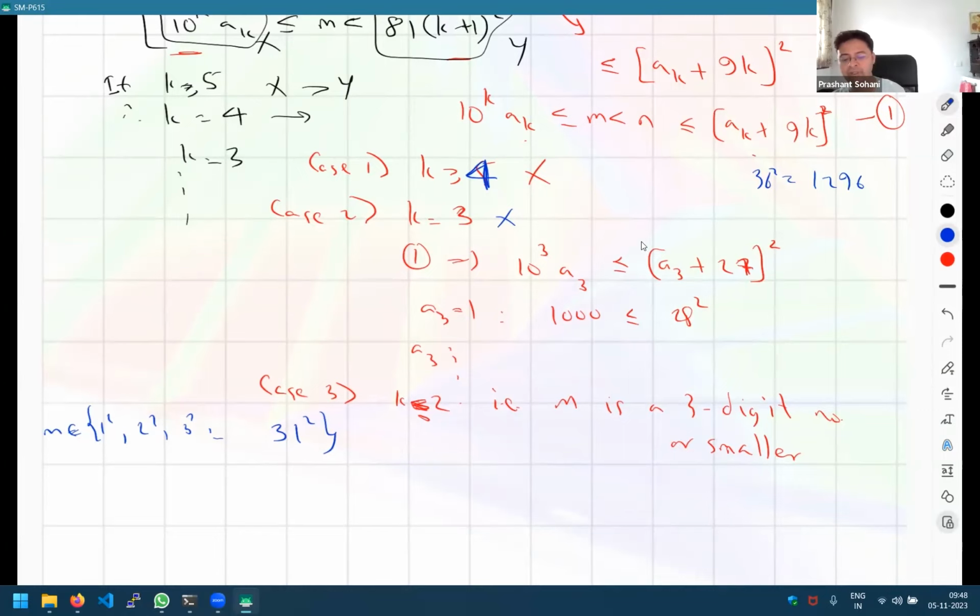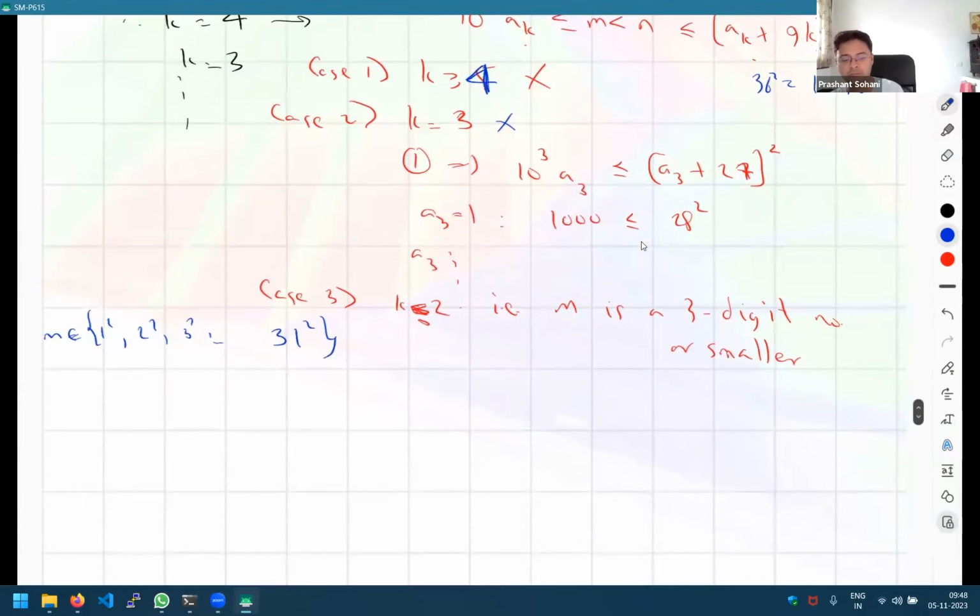So basically, whenever we are talking about estimation, or we have to try to reduce the number of cases, there are two approaches. Basically, there are two ways to restrict the number of solutions.